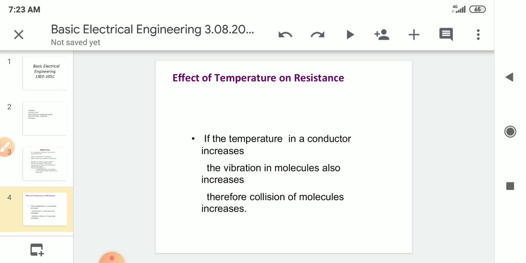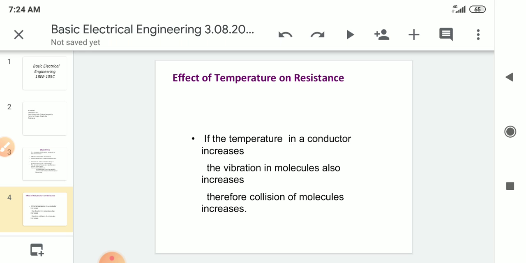For example, carbon: the hot resistance of carbon is less than the cold resistance. So this type of semiconducting material also has a negative temperature coefficient. So depending on the type of the material, this phenomenon changes, whether it increases or decreases.